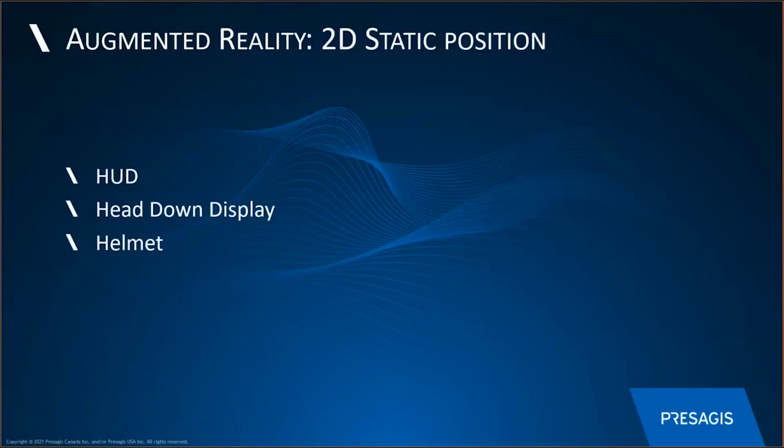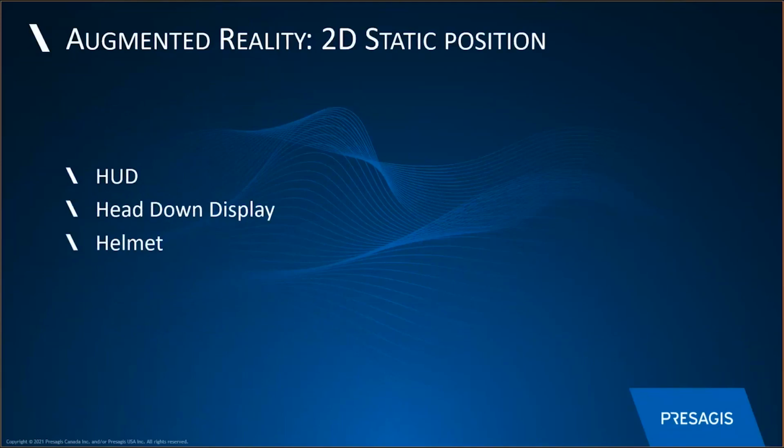When we're talking about augmented reality, there's a couple of different things. You can have a heads-up display, a heads-down display, and a helmet display. With a heads-up display, you might have just fixed information you want to show, or the information can change based on how the pilot is looking, where you now have to take head tracking into account.